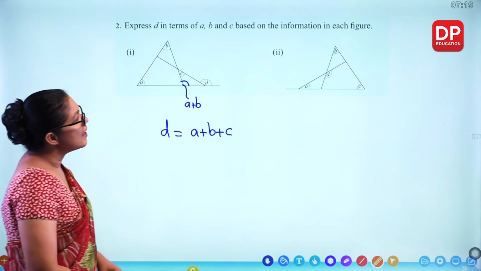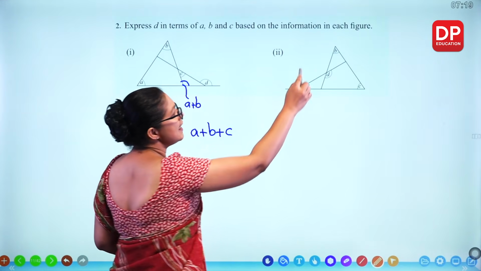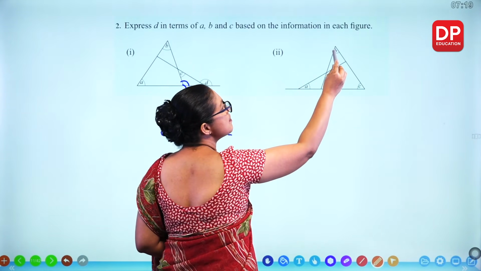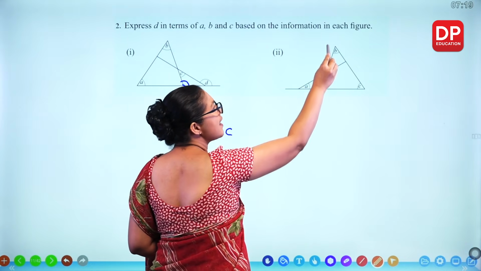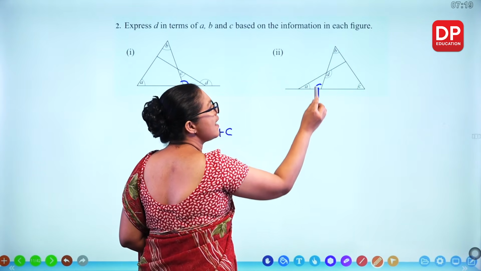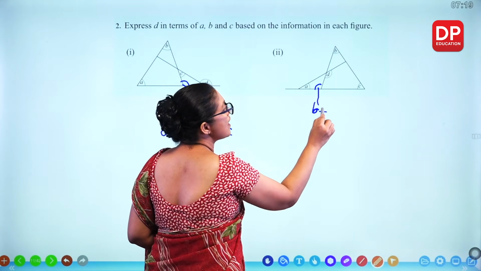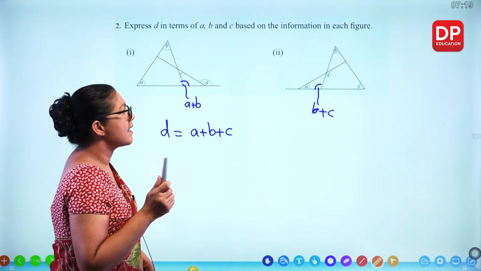Now look at this diagram. What can you see? When you take this big triangle, this is B, this is C. What can you write about this angle? This is the exterior angle to this triangle. I can write this angle is B plus C. These are the two opposite interior angles.